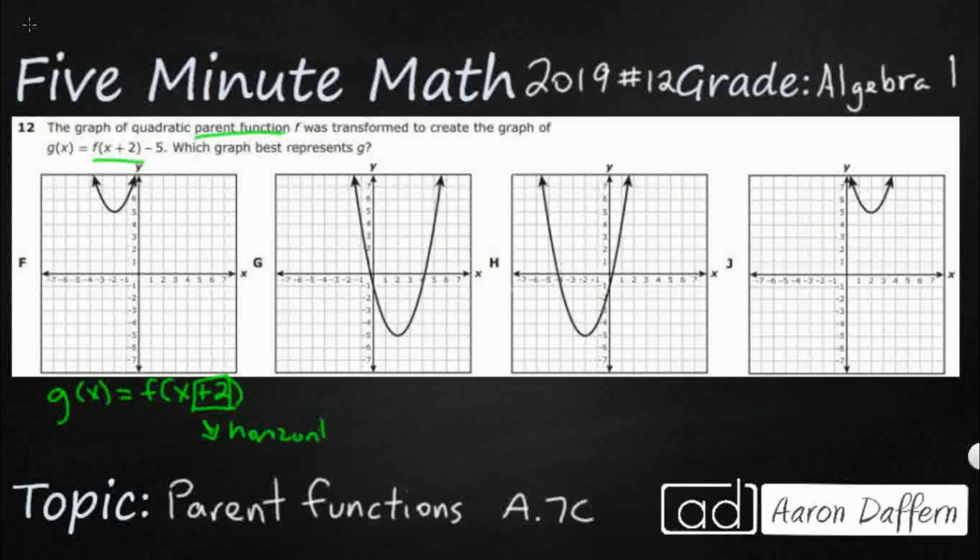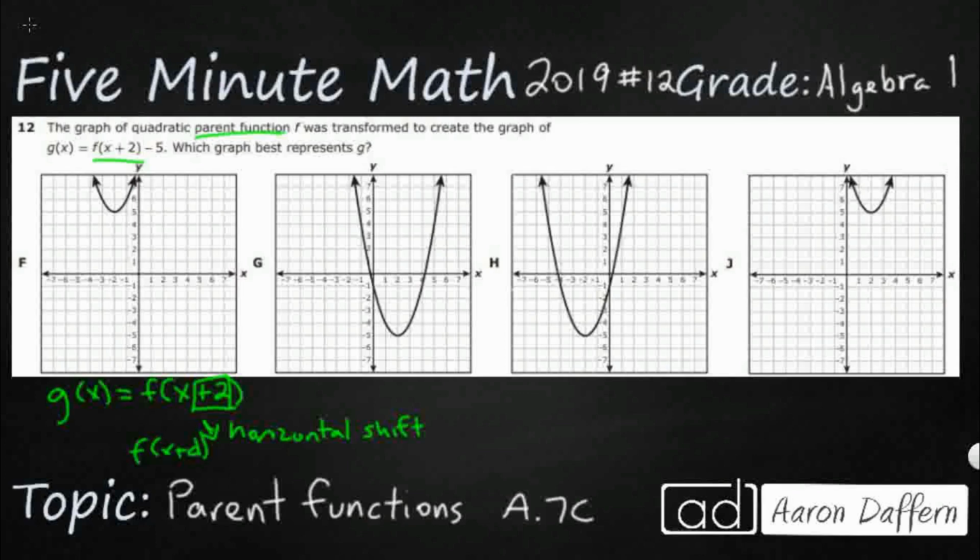So when you're adding it before it gets squared within the parentheses, it's actually going to shift horizontally, but it's interesting because it's going to be a little bit the opposite of what we think it should be. Okay, so it's counterintuitive. So let's call that f of x plus d.